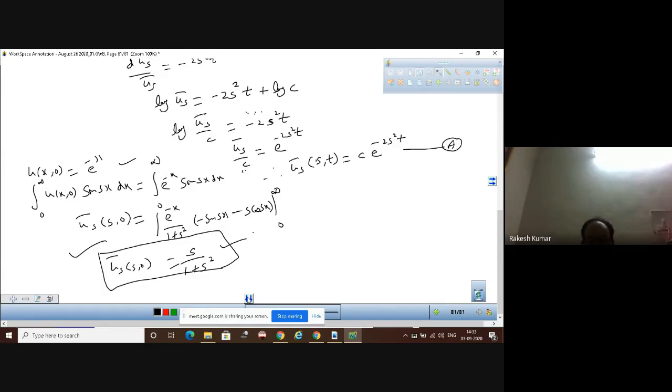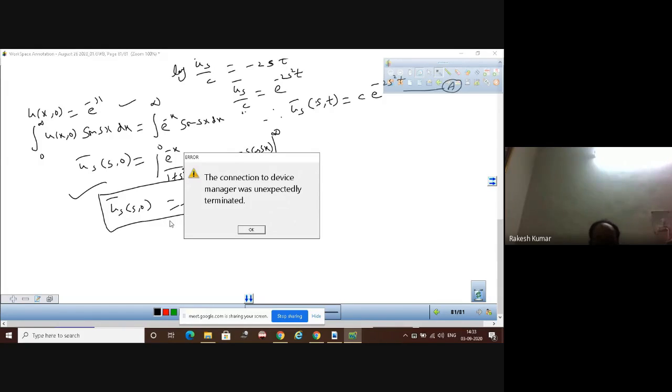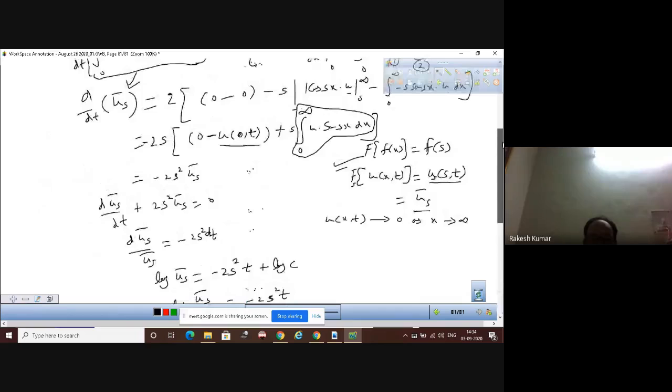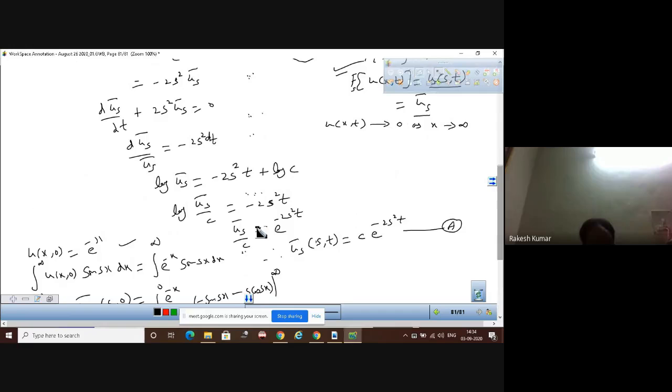Now, come back to the question. This is the value of u_s bar at (s,0), and that comes out to be s upon 1 plus s square. We have to apply this condition, star, for finding the value of the constant c, the constant of integration.